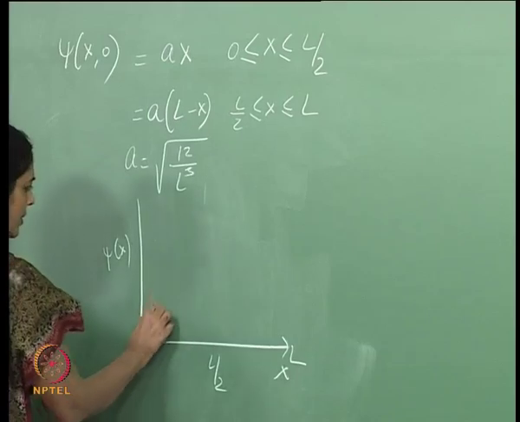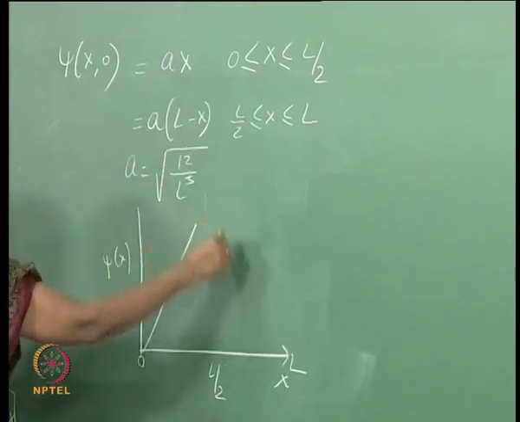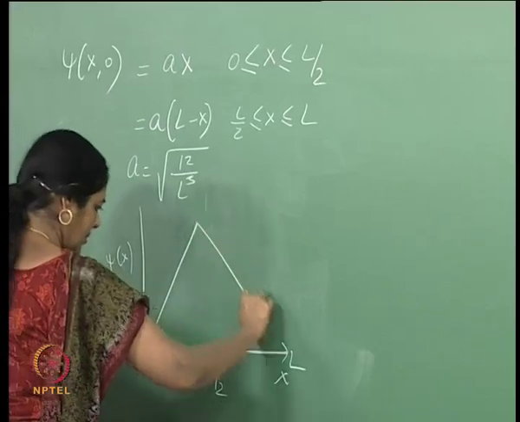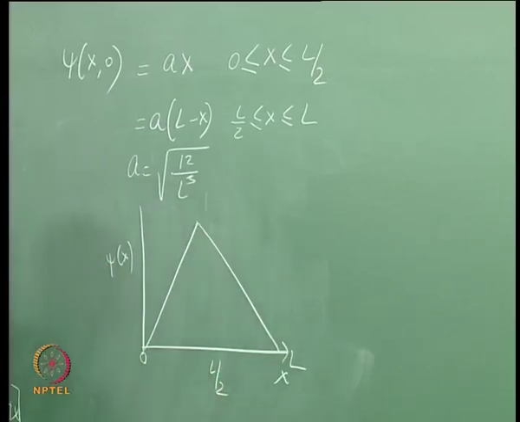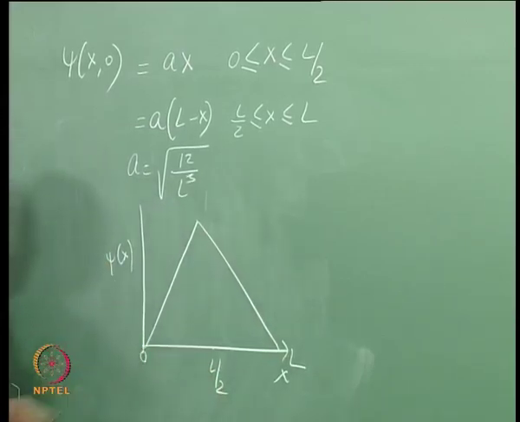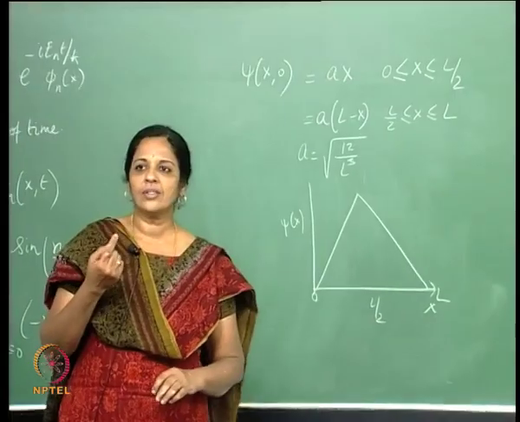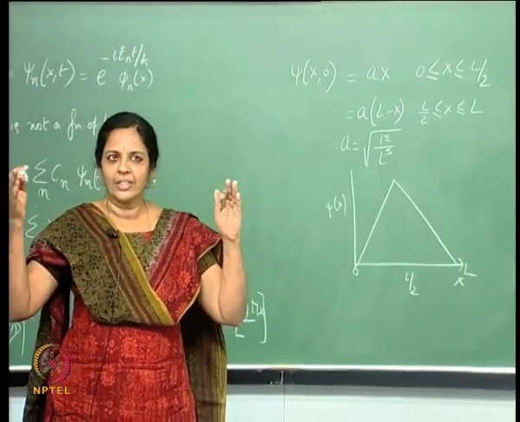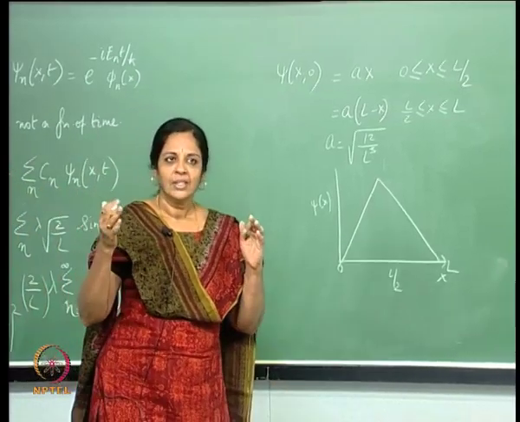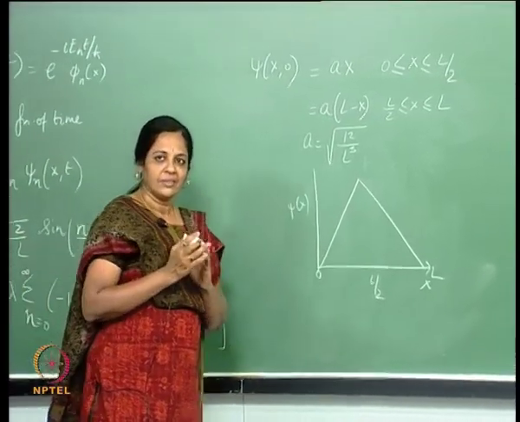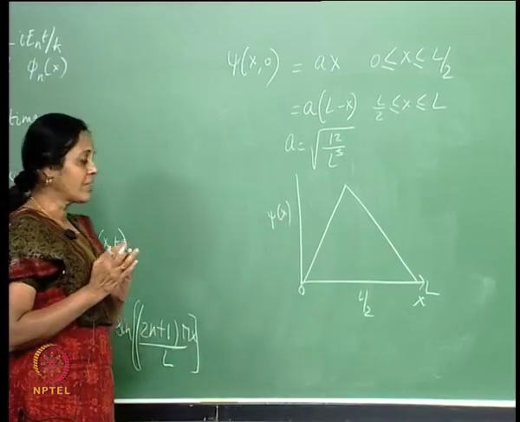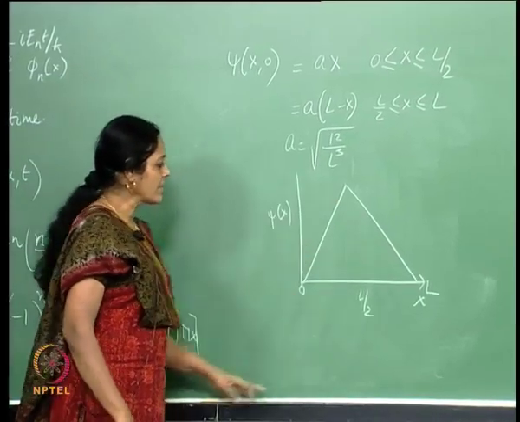So, here there is a linear rise up to L by 2. So, it looks like a tent, and this is psi of x versus x. So, it is not the constant that we considered in our first example, it is not the delta function which we considered in the second example, something like this.